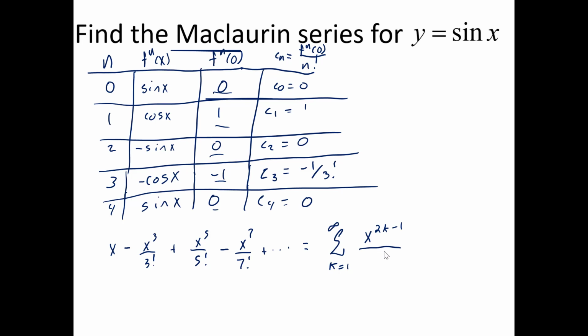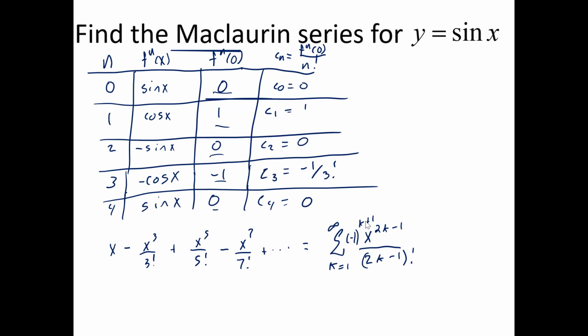And whatever the exponent was, that was the same factorial on the bottom, 2k minus 1 factorial. And it alternates positive, negative, positive, negative. So we have this factor of negative 1, and it starts out positive, and we're starting at 1, so we should go k plus 1. And that is the series for the sine of x, right?